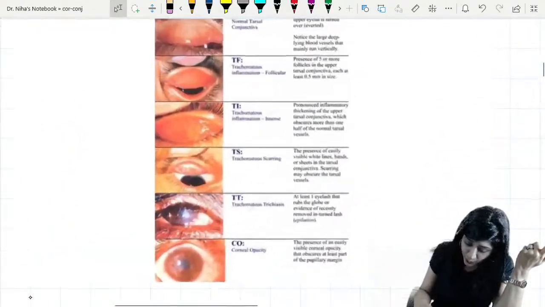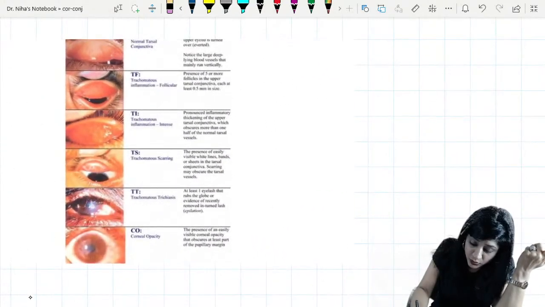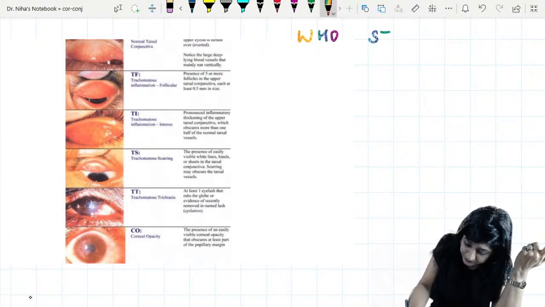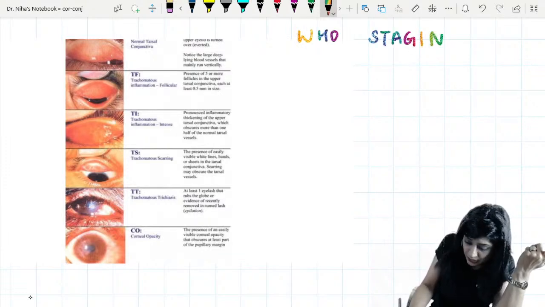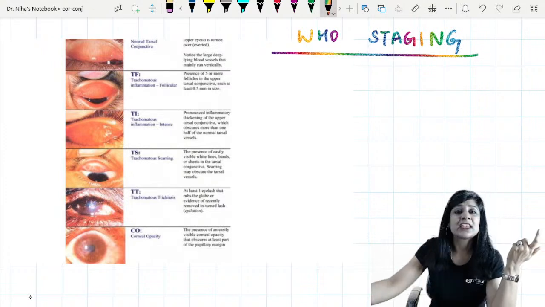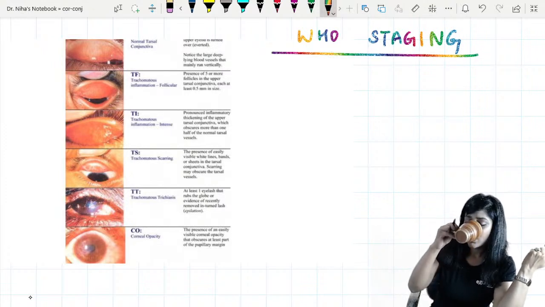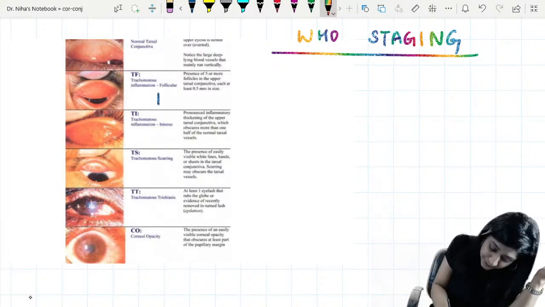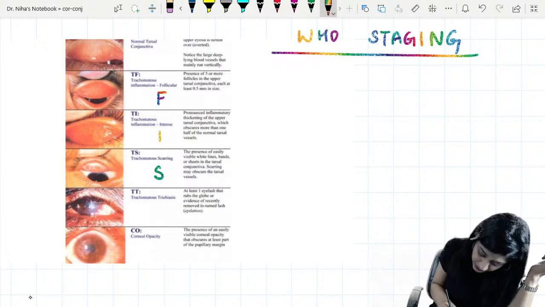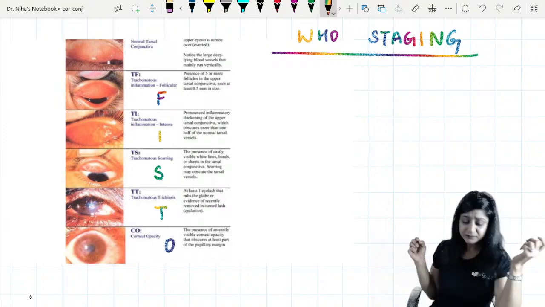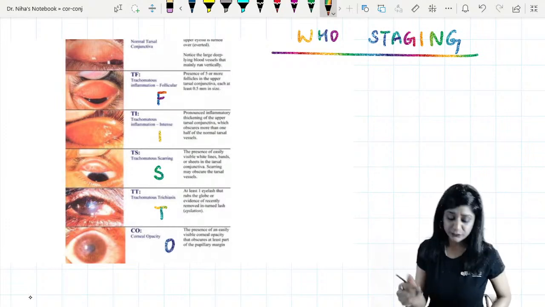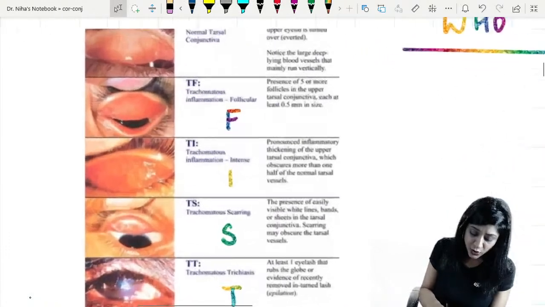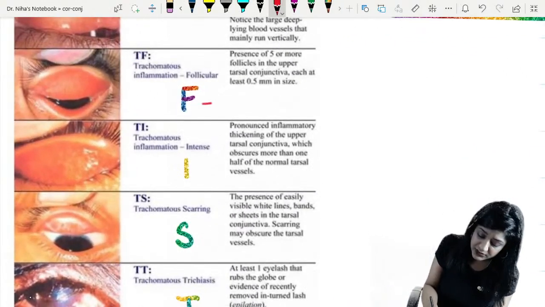Now another important thing is your FISTO classification. If I talk about the WHO staging of the trachoma, the WHO staging is called the FISTO classification. Okay. Now let us try to understand what is this FISTO. First is your F. F means follicular.